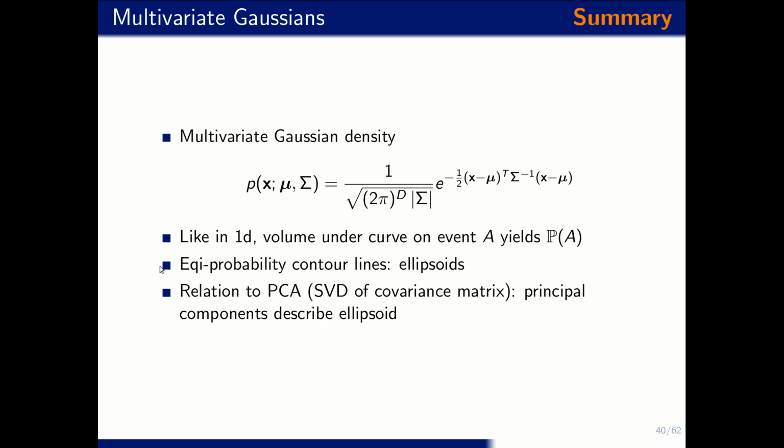They are ellipsoids: the equiprobability or equidensity contour lines are ellipsoids. And we saw how we can figure out the orientation of these ellipsoids by applying PCA, or actually the SVD, to the covariance matrix. The principal components describe how the ellipsoid is oriented in space.